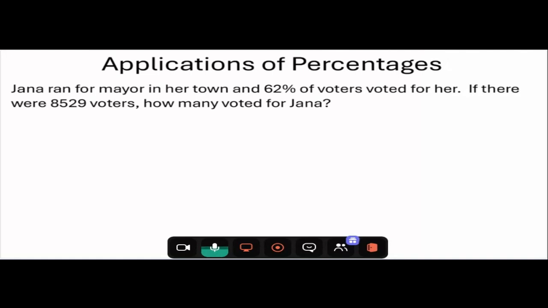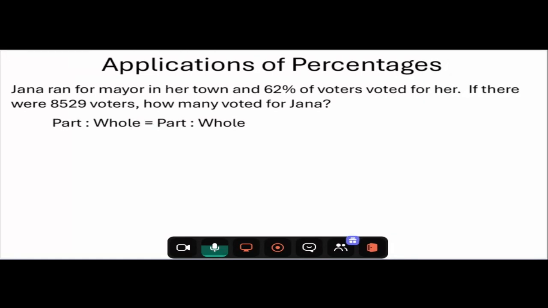So let's look for our percentage first. 62%. Look through the question, spot that percentage, because that's the left side of your equation always. 62 is to 100. On the right, we want to find the part and the whole. Well, there's 8,529 total voters in the town.